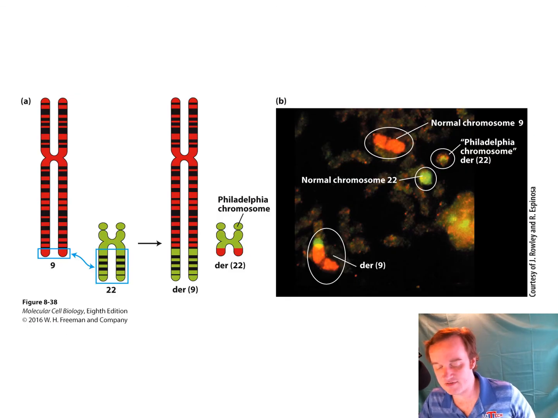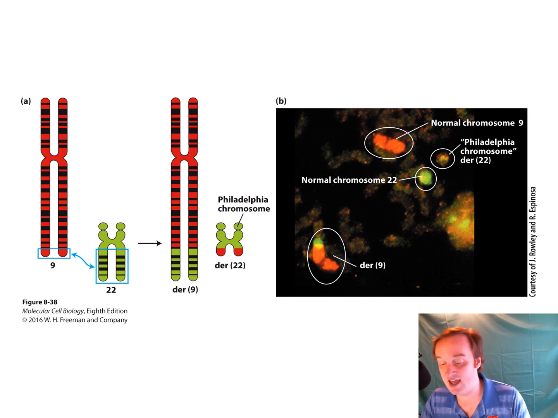In addition to identifying the chromosome count and male and female, we can also look for abnormalities in chromosomes due to translocation. This is where a chromosome piece has been moved from one chromosome to another. So in this example, we have myelogenous leukemia.